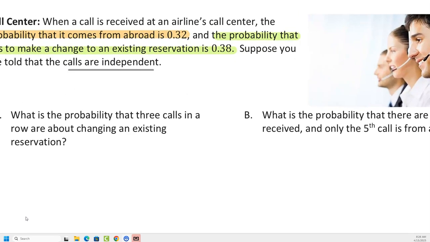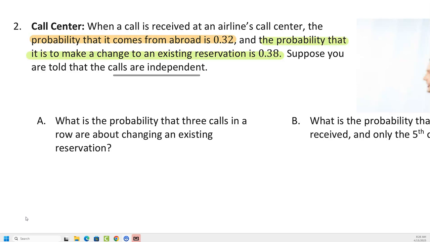So let's do this because I think this will be easy for us. I'm going to let A be equal to the call is from abroad. And I'm going to let B be equal to calling to change an existing reservation.